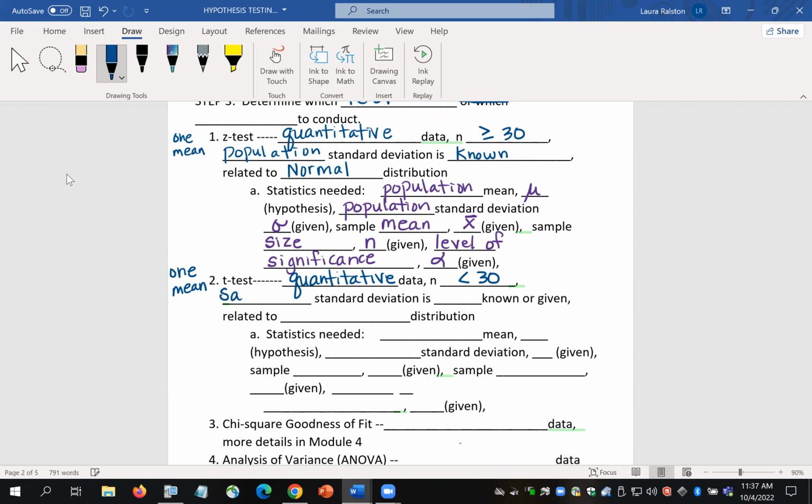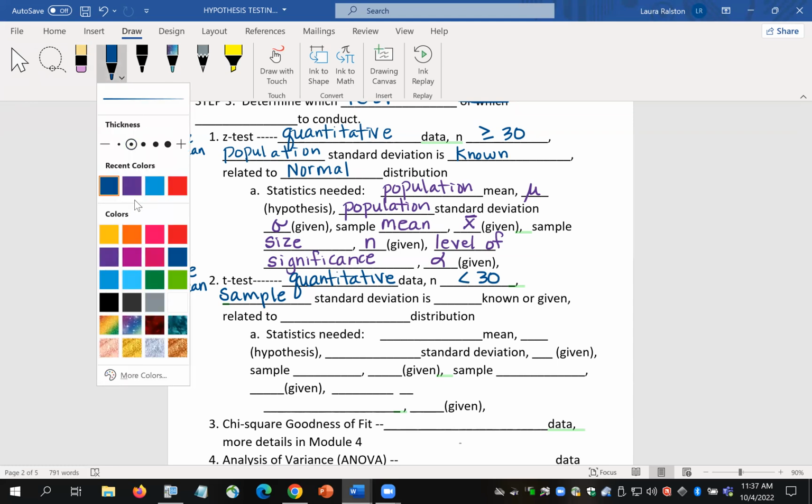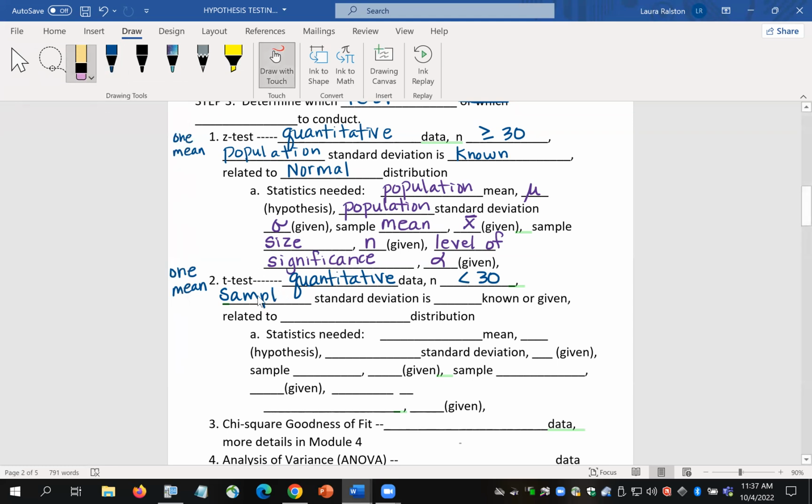The population standard deviation is not known or given. What you are typically given is the sample standard deviation.